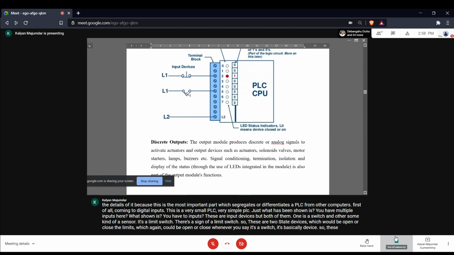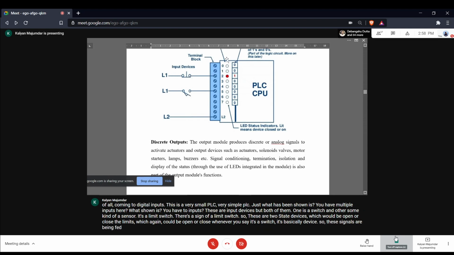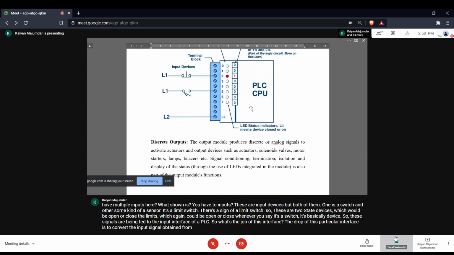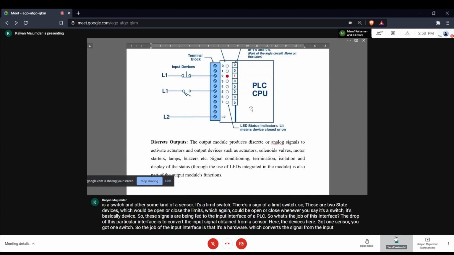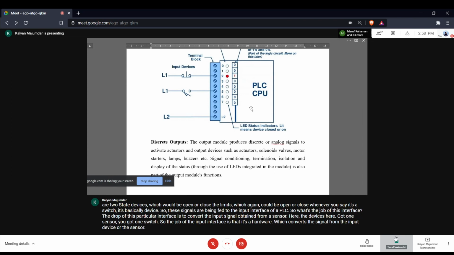So these signals are being fed to the input interface of a PLC. So what's the job of this interface? The job of this particular interface is to convert the input signal obtained from a sensor. Here you have got one hardware which converts the signal from the input device or the sensor into something that is compatible with the logic levels of your processor.